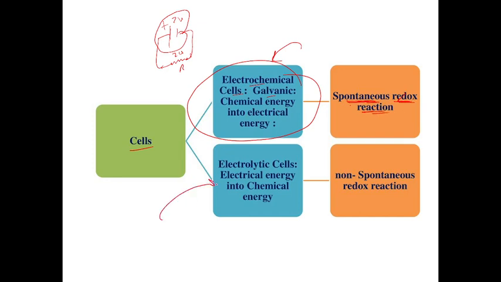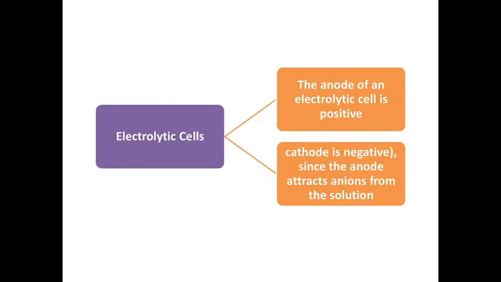But this week we discuss the electrolytic cell. In an electrolytic cell we provide energy from an outer source, so the reaction is not spontaneous. Metal is depositing on the cathode, and this reaction is not spontaneous. You are providing some charge, some voltage from the outer source, then the reaction will occur.